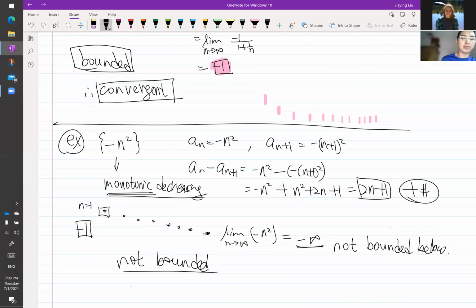In fact, it's not convergent in this case, because the value goes from negative 1 and decreases all the way to negative infinity. The limit is approaching negative infinity, so it's not a convergent sequence.